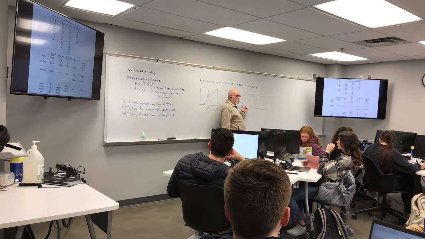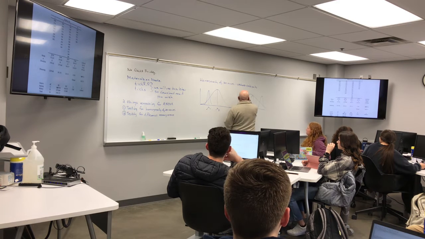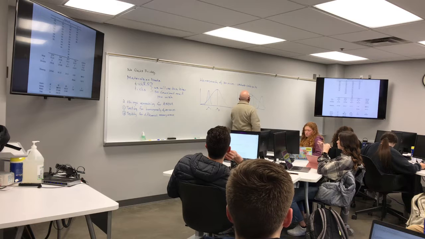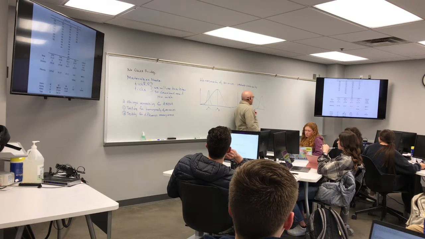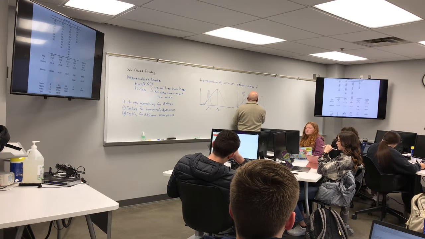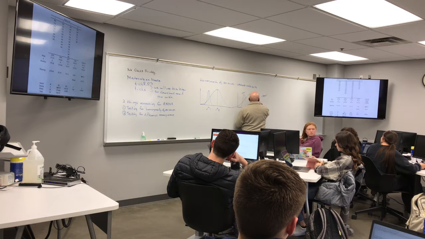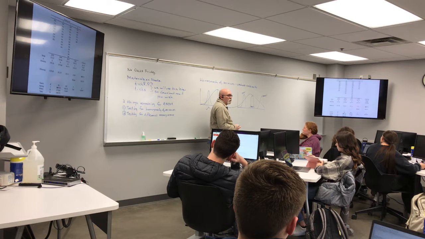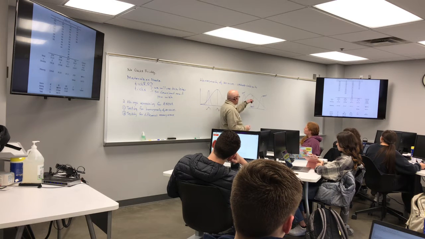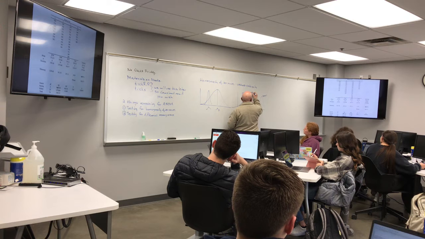Small or large? We have small variation. What's the variation like here? Small variation. What's the variation like here? What's the variation in this sample? It's really large, isn't it?